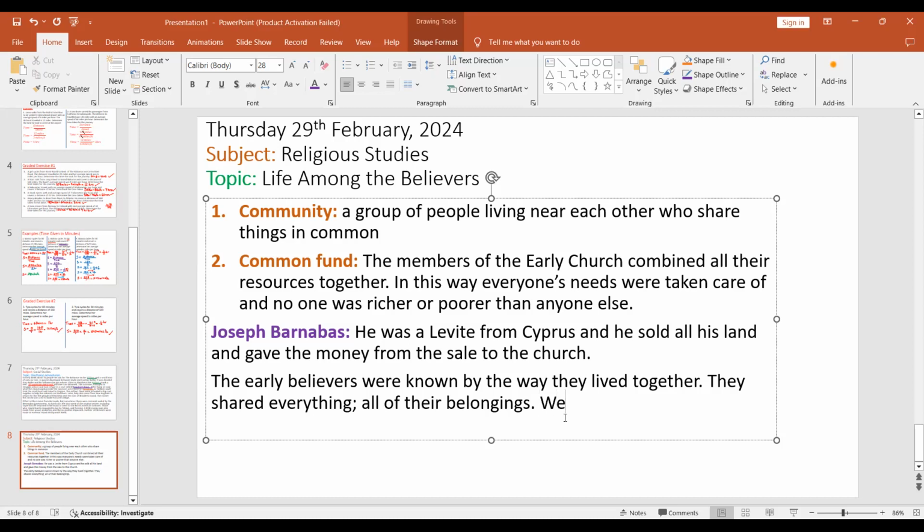So that was the spirit of the early church. Wealthy believers sold their possessions and gave the money to the church.